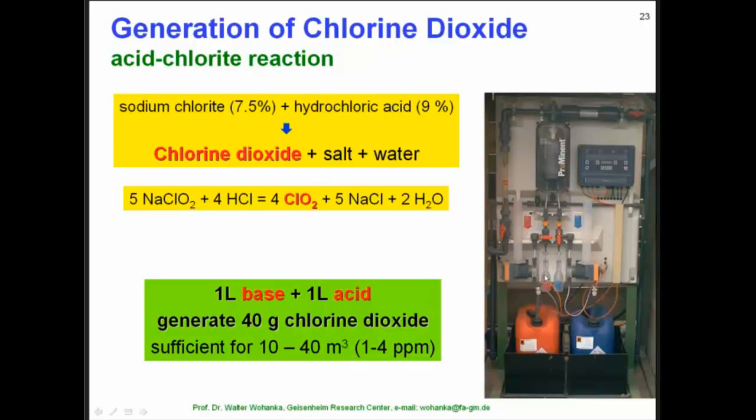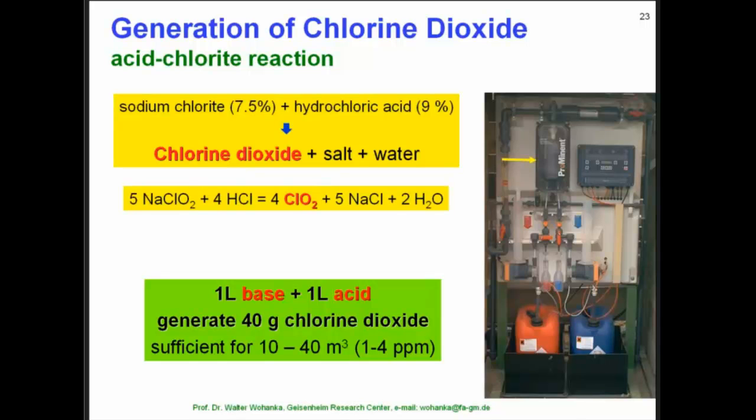This picture here on the right side shows a chlorine dioxide generator and injector used in practice. Very important are two very precisely working dosing pumps. They pump the acid and the base out of the canisters or barrels into a reactor to generate the chlorine dioxide gas, which is dissolved in water.